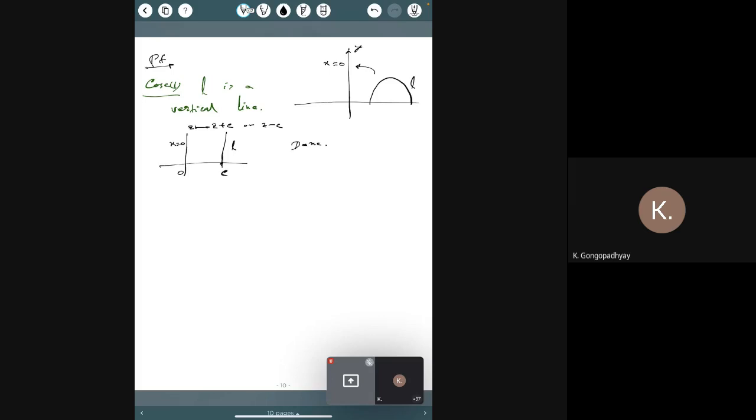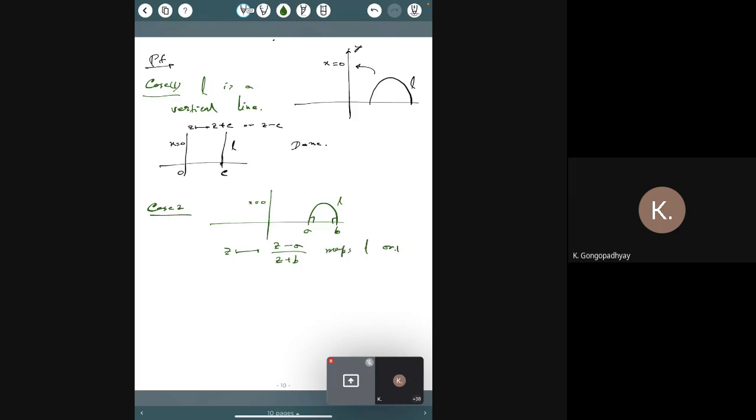Now case 2. You have here x equal to 0 and here you have L, which is a semicircle perpendicular to the real axis. Suppose the endpoints are a and b. Then z goes to (z minus a) by (z plus b).